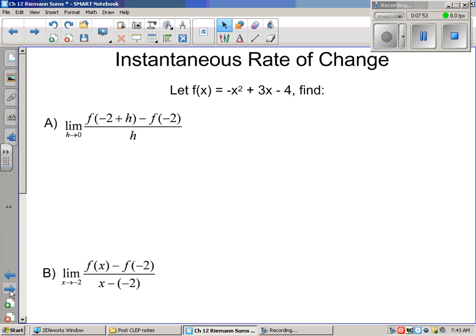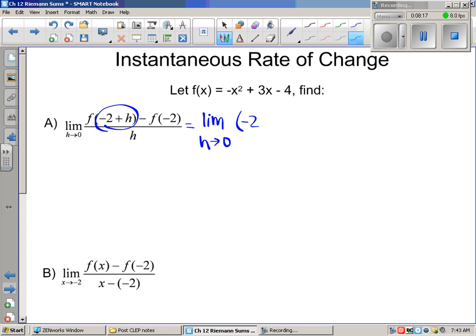Okay, so how do we do this question? This says let f of x equal this lovely equation. Find the limit as h approaches 0 of f of negative 2 plus h minus f of negative 2. What is it basically asking? It wants to know what's going on at negative 2. So just like I did with all the rest of them, I am going to find the limit as h approaches 0, and I'm going to plug this into my equation.